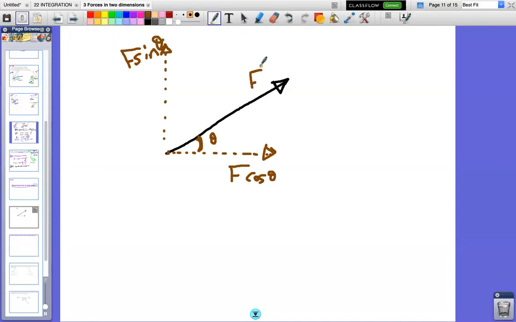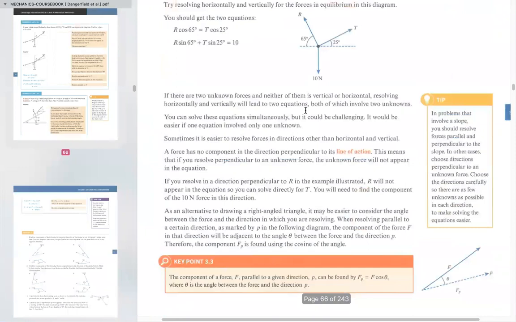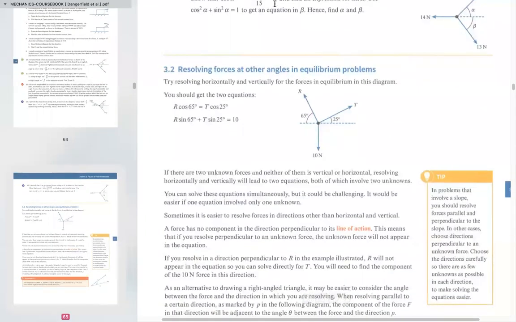And we can use this idea to solve many problems like a problem we have in the book. Let me look at a problem in the book. Here is one problem here.